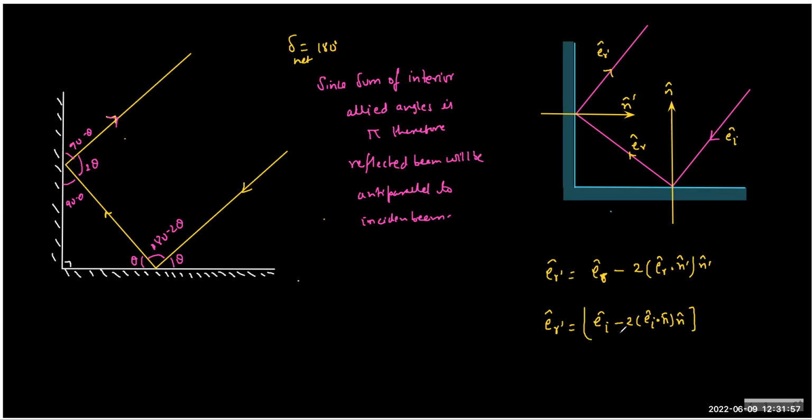So er is this much: ei minus twice ei dot n cap into n cap, dot n dash, into n dash. That's too much.